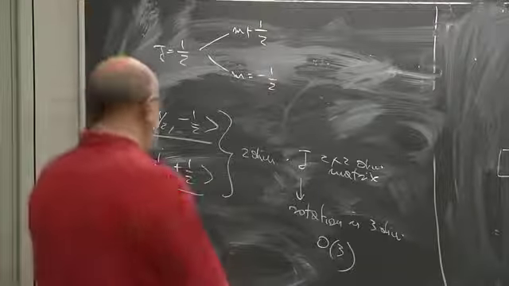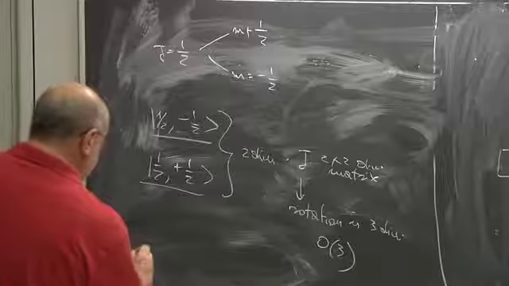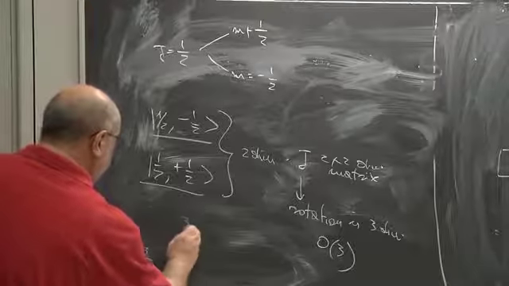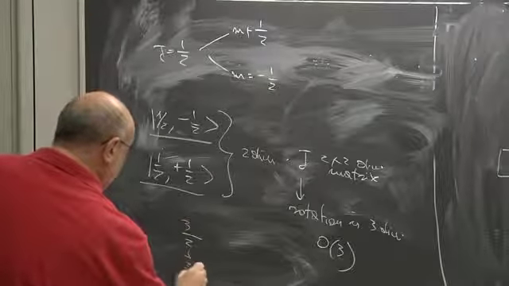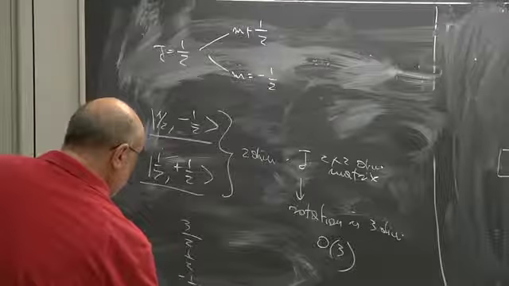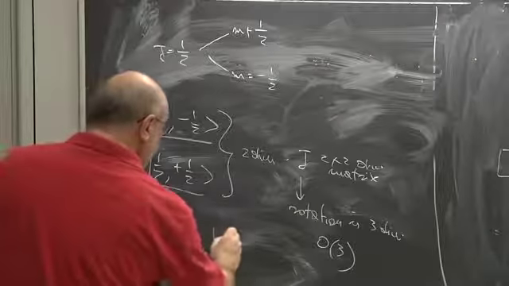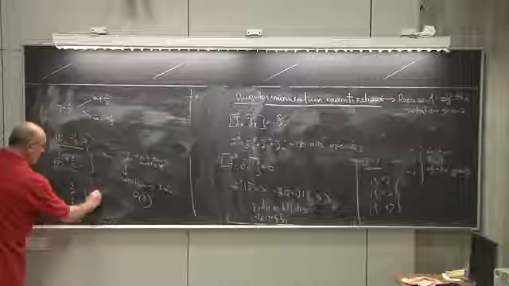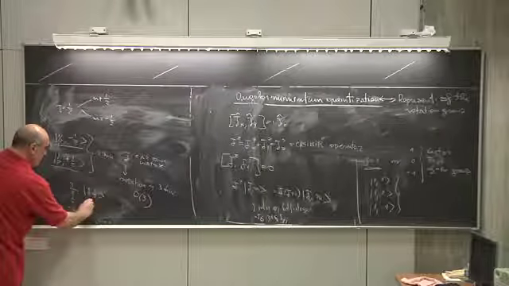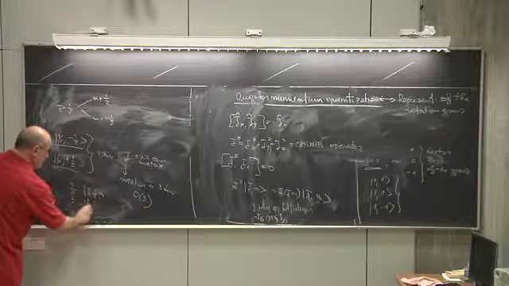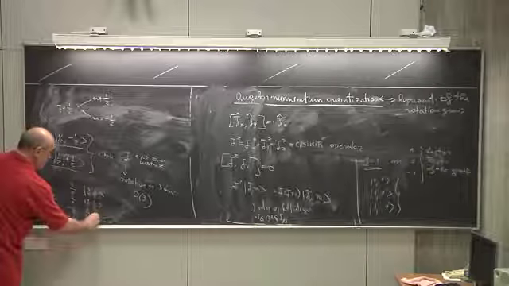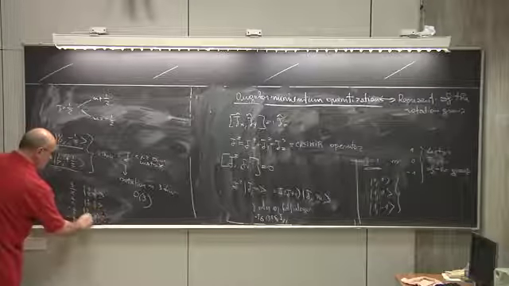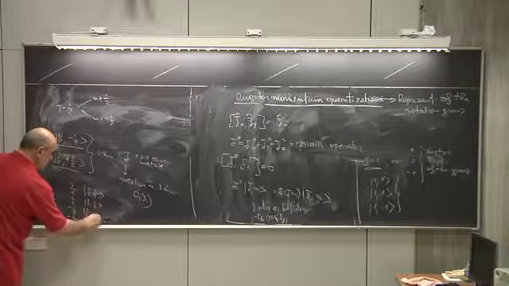And so on, then you can choose j equal 3/2, then m can be 3/2, 1/2, minus 1/2, minus 3/2. So the states are 3/2 3/2, 3/2 1/2, 3/2 minus 1/2, 3/2 minus 3/2.